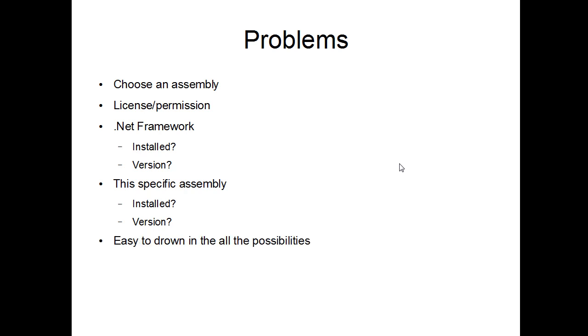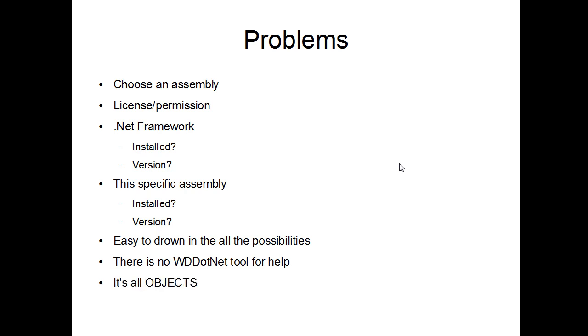Clearly, it is easy to drown in all the possibilities, and contrary to what we were seeing earlier with the API call, there is no WD.NET tool for help. There's nothing like that in WinDev, and it's basically the wild west. You look on Google and you search for what you need.